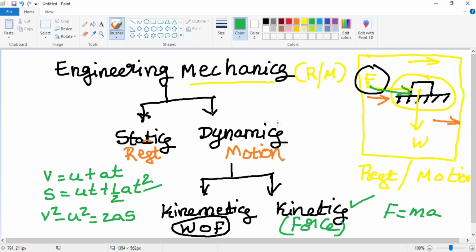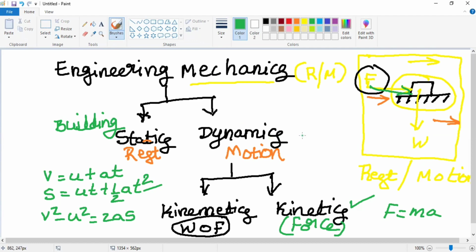If you study the body in the rest condition, it is nothing but the static condition, that is called statics. For statics, example: buildings. Whereas dynamics means motion of the body.